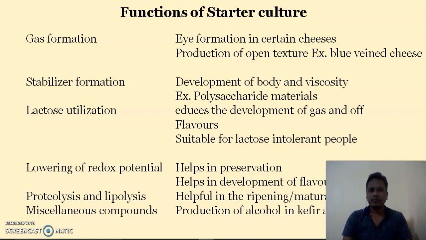Then, due to the gas formation, the production of open textures, for example in blue vein cheeses, is also developed due to the starter culture. Then, the stabilizer formation, development of body and viscosity, for example the polysaccharide materials. These polysaccharide materials are also formed due to the starter culture.